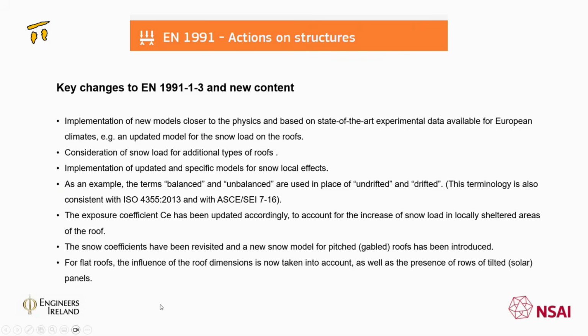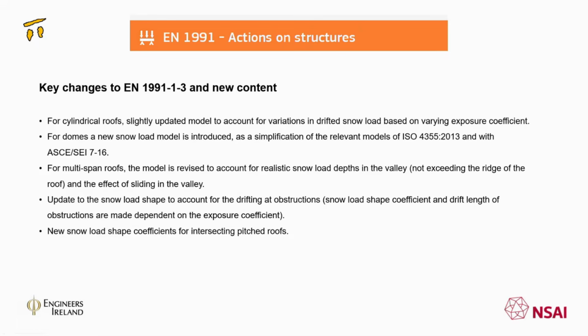They've also brought in an updated model for cylindrical roofs, accounting for variations in the snow load positions. They brought in a model for domes and multi-span roofs. This has been revised because in some instances you could get a situation where the snow load could exceed the depth of the roof, and that wasn't appropriate.